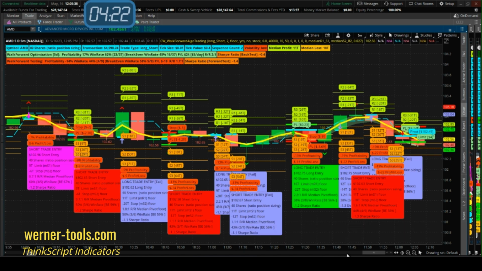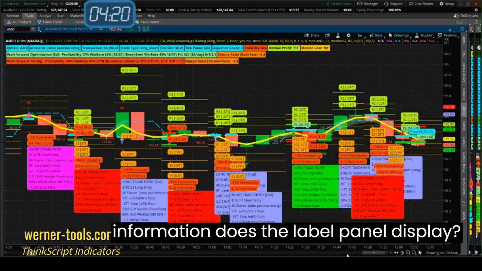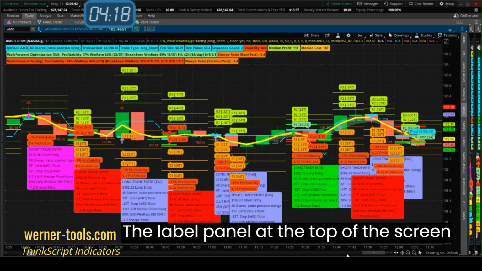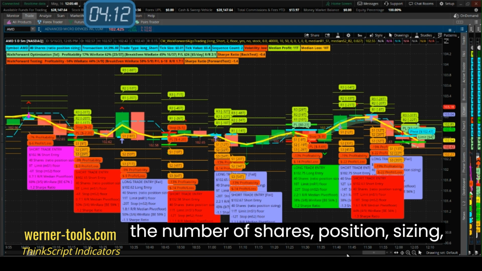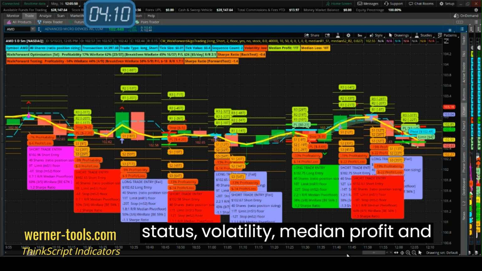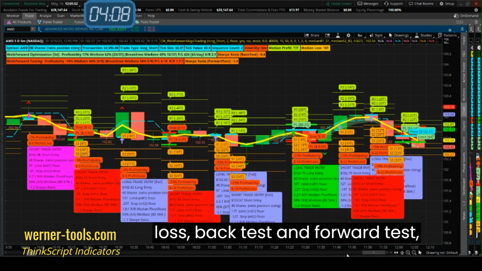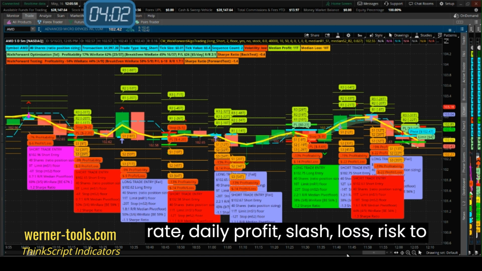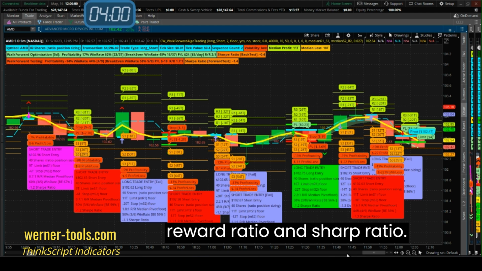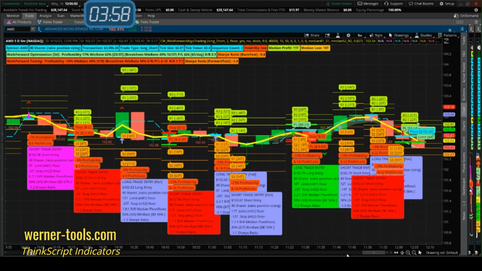Question: what information does the label panel display? The label panel at the top of the screen provides important information, including the number of shares, position sizing status, volatility, median profit and loss, backtest and forward test profitability, win rate, break-even win rate, daily profit/loss, risk-to-reward ratio, and Sharpe ratio.